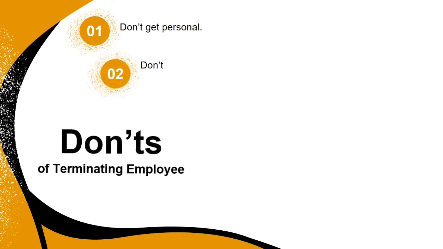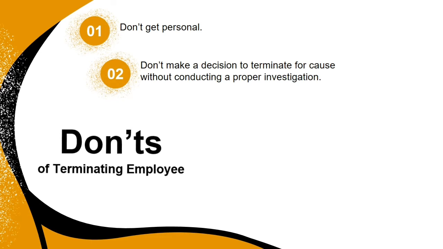The second is don't make a decision to terminate for cause without conducting a proper investigation. As mentioned in the dos of terminating an employee, you have to have some meetings or hearings if necessary in order to conduct a proper investigation of the charges.